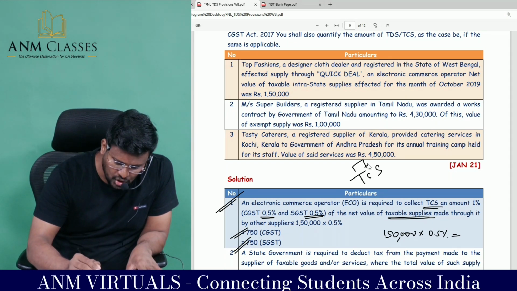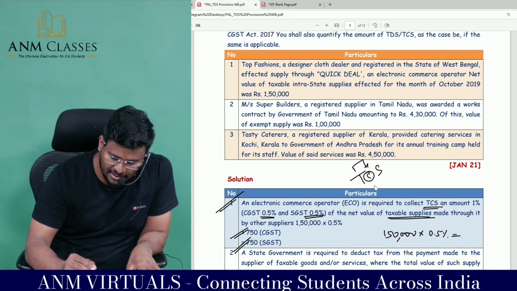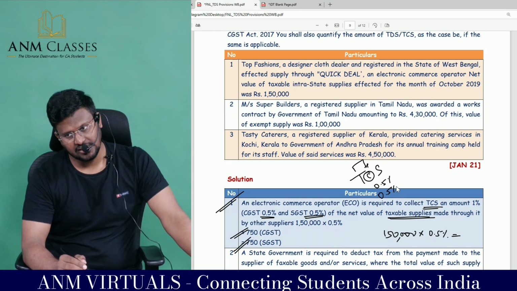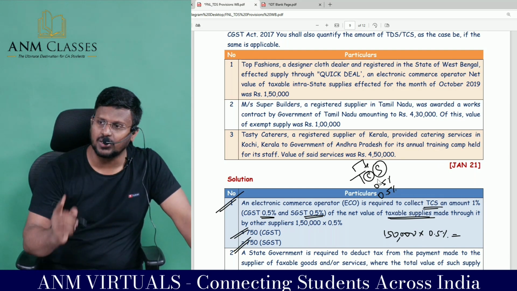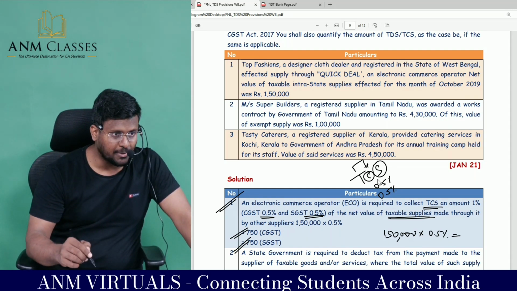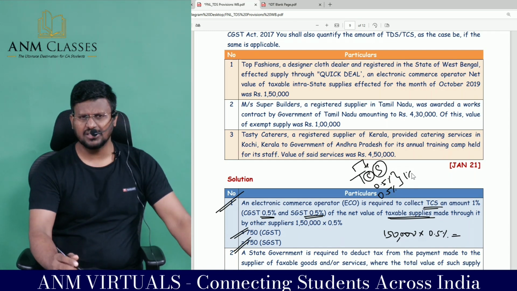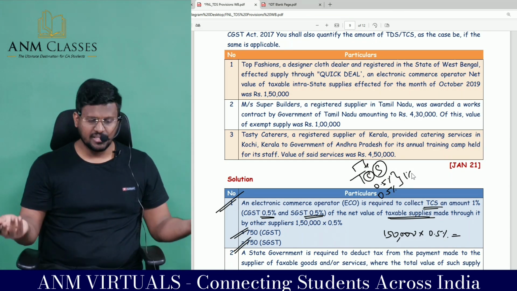Then he is supposed to collect TCS at the rate of 0.5% CGST and 0.5% SGST if the supply is an intra-state supply. But if the supply is an interstate supply, 1%. There is no exception to the TCS.